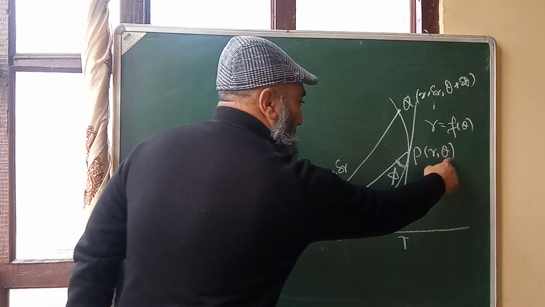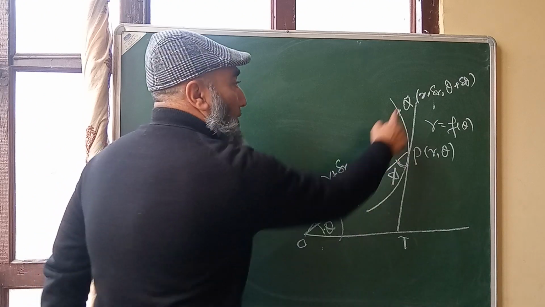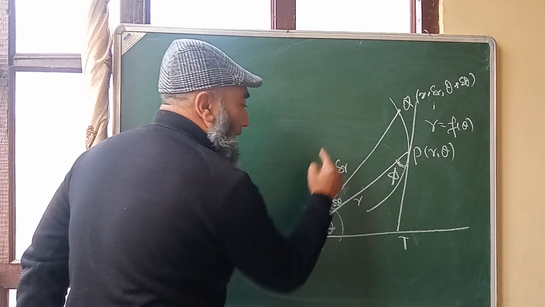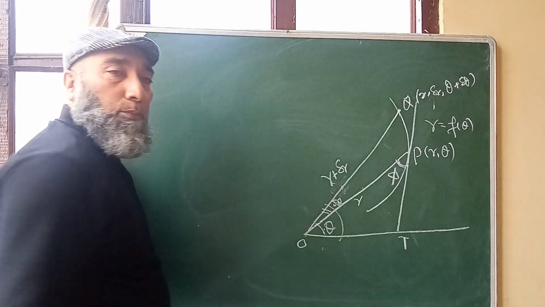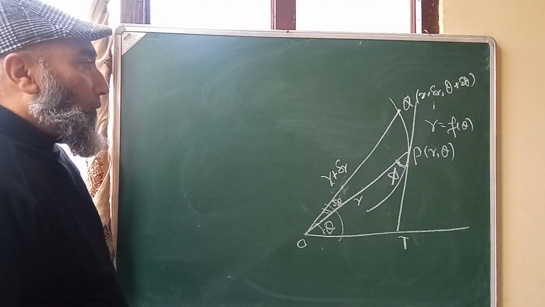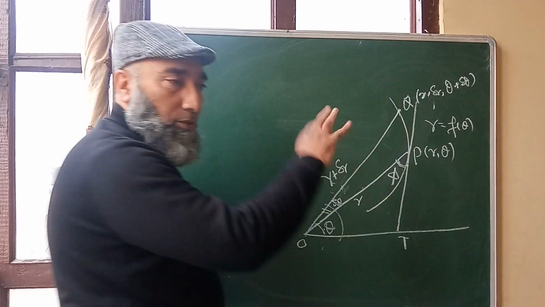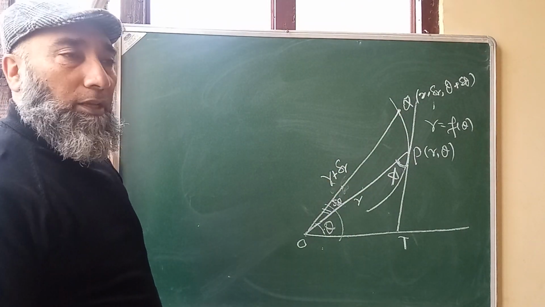So this is P (r, theta), and this is Q (r plus delta r, theta plus delta theta), and this whole angle is theta plus delta theta. As you know, you have already studied such things.